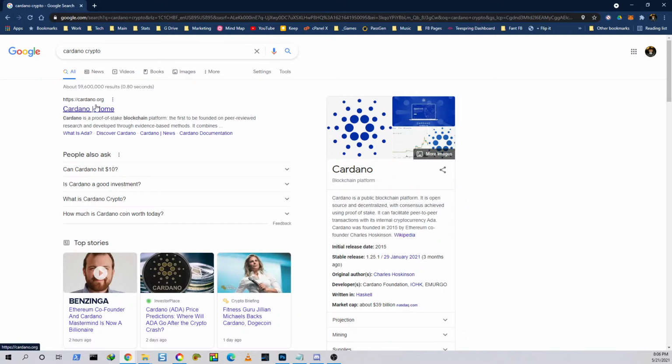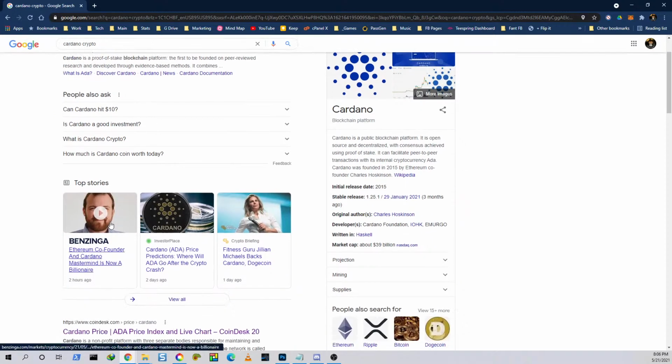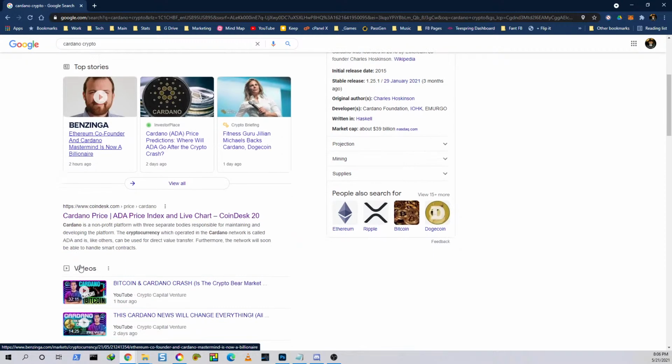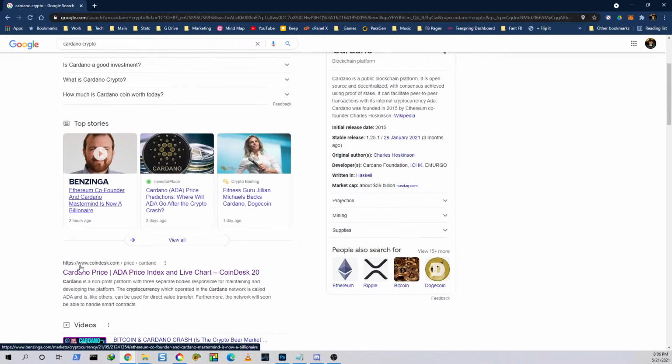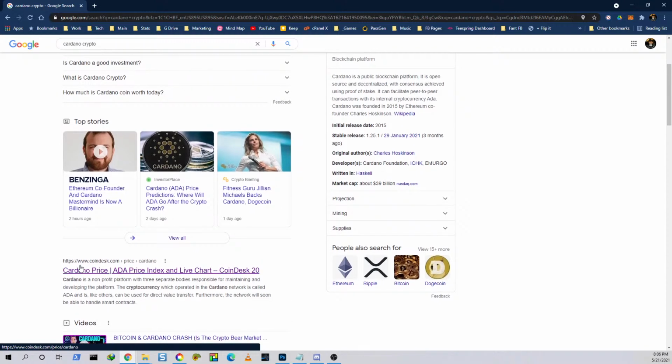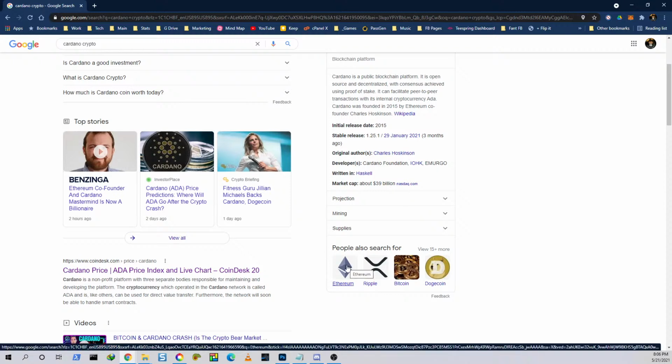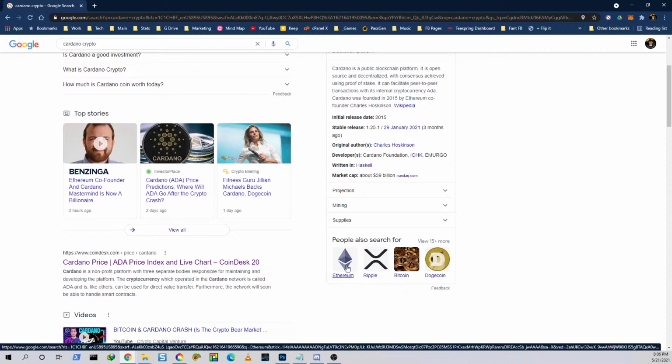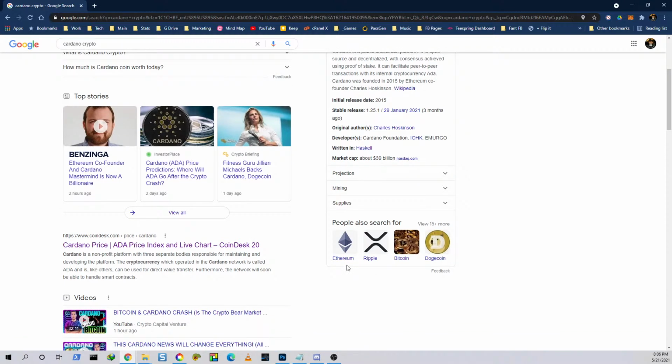What you see with Cardano is this founder, right? This guy, I forget his name. It's slipping my mind right now. Here he is, Charles Hoskinson. He comes from Ethereum. He was one of the co-creators of Ethereum. I guess they had a disagreement on how it was going to run, but this guy worked on this thing.